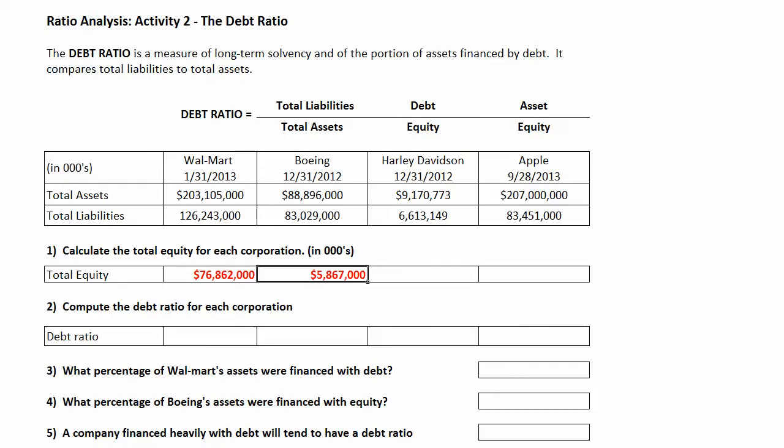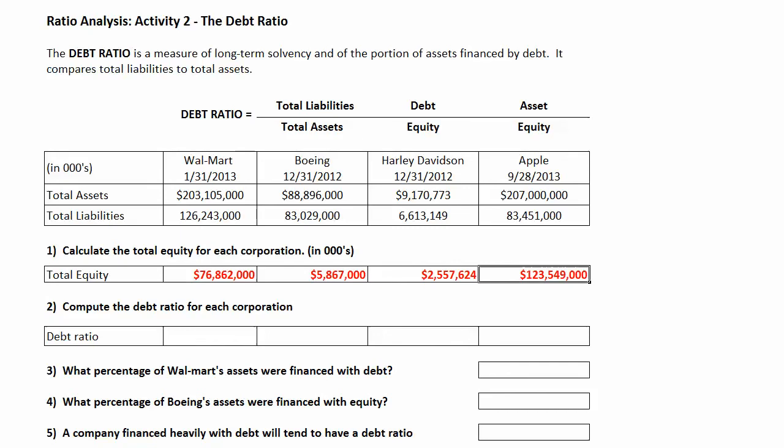Boeing has $5.8 billion in total equity. Harley-Davidson has $2.5 billion, and Apple has $123 billion in total equity. It appears as though Harley-Davidson has the lowest amount of equity and Apple has the highest amount of equity. But again, that's in absolute dollar amounts.